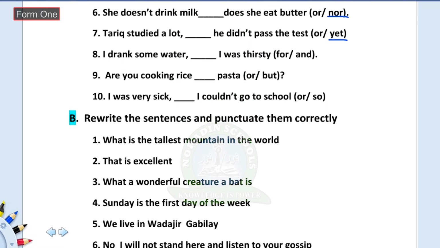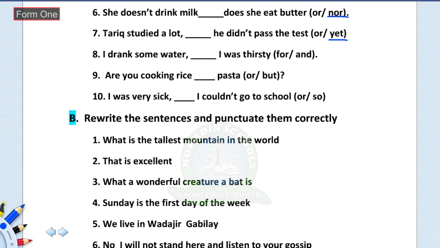Well, the eighth one, I drank some water, dash, I was thirsty. Now you have got two options, for and and. Okay. The correct option is for.